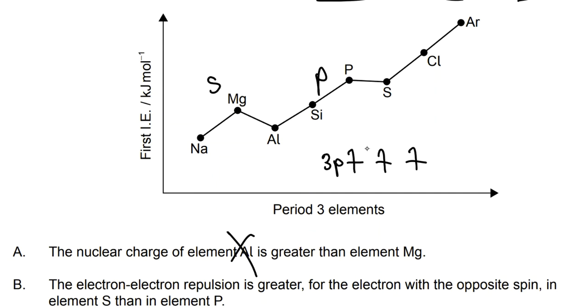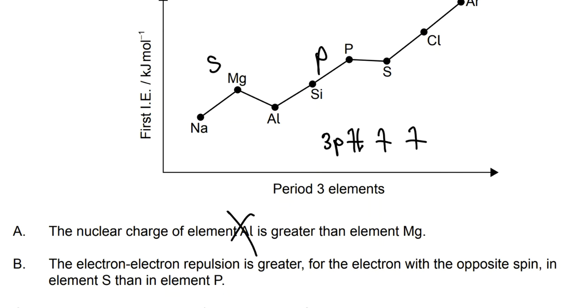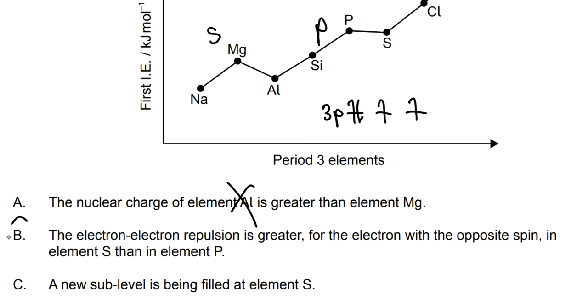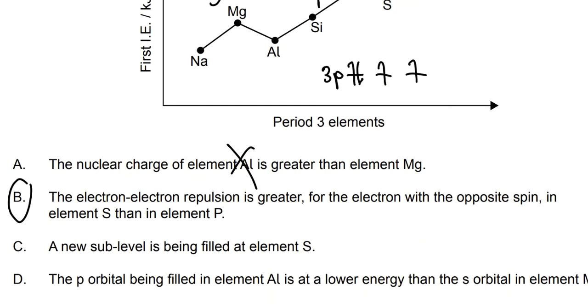And as soon as we go to sulfur, we actually have this doubly occupied orbital. When you have doubly occupied orbitals, you have electron-electron repulsion. And when you have electron-electron repulsion, it's easier to remove an electron, and hence the first ionization energy is going to be lower. So this seems to be the correct answer. But let's check if there are better options.